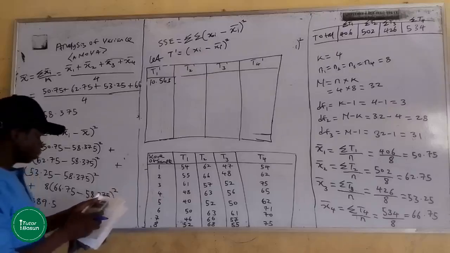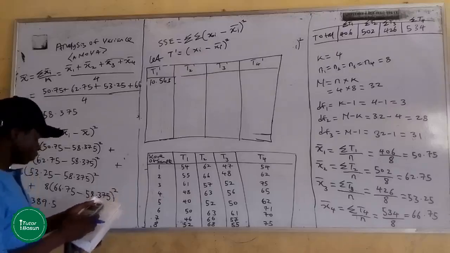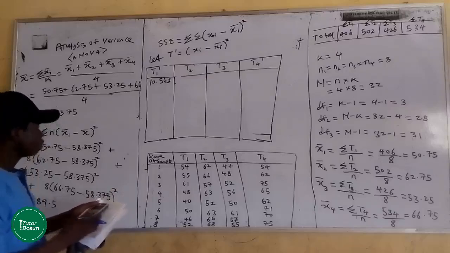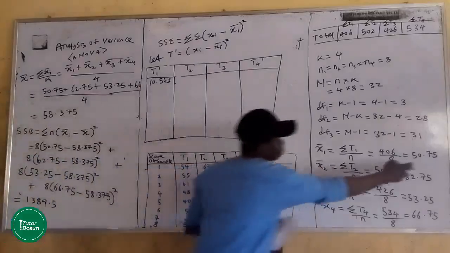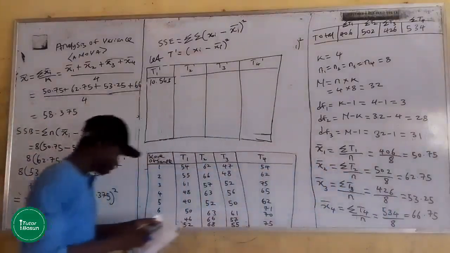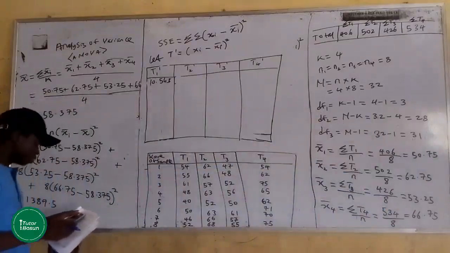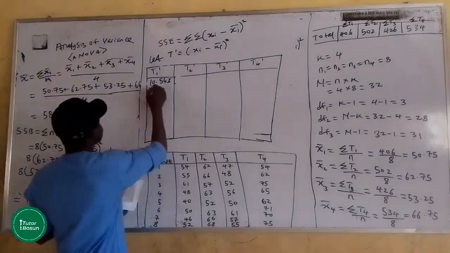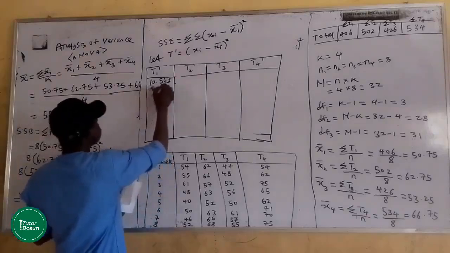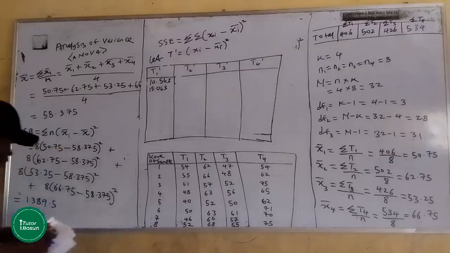The second one, 55 minus 50.75 all squared, and that's 18.063.